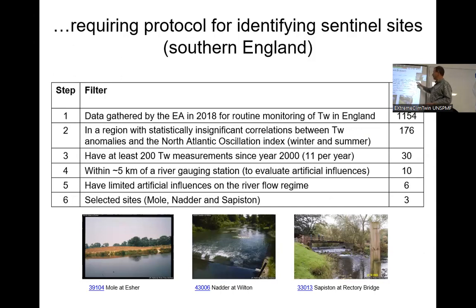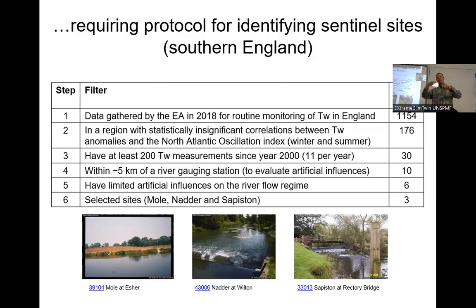So we started off with, in 2018, nearly 1,200 sites we could pick from. That's our beginning set of rivers. Then we were looking to remove those sites which have well-known impacts of year-to-year variability.